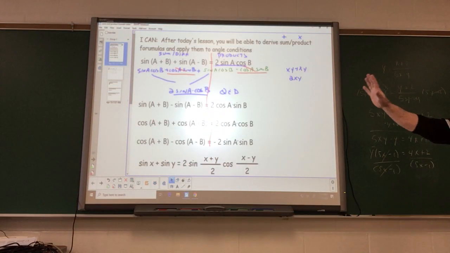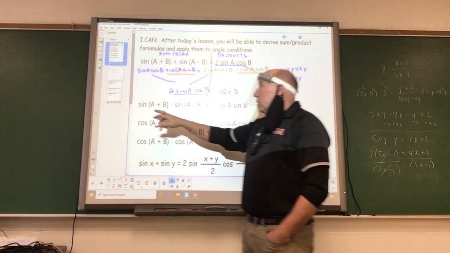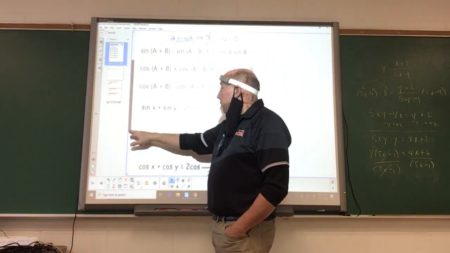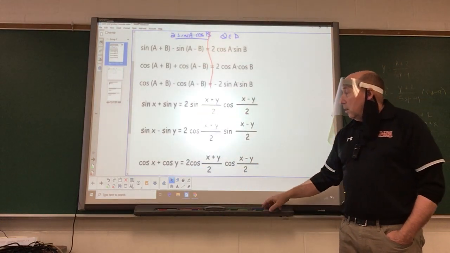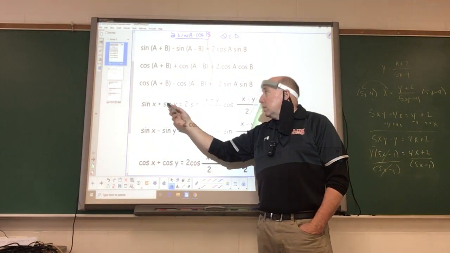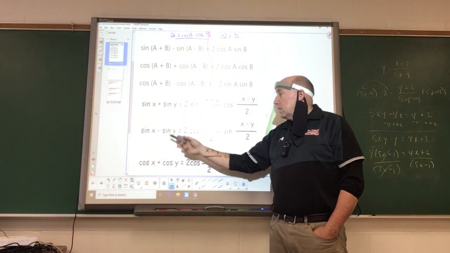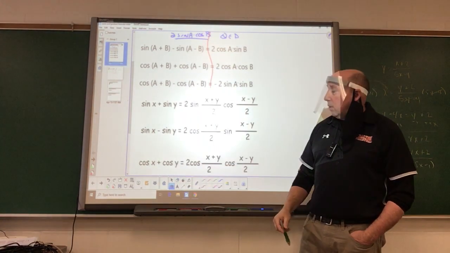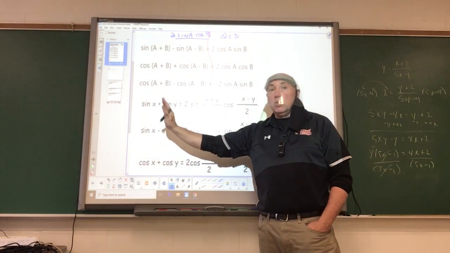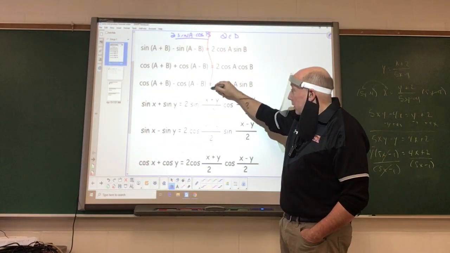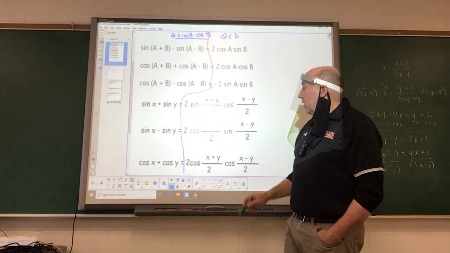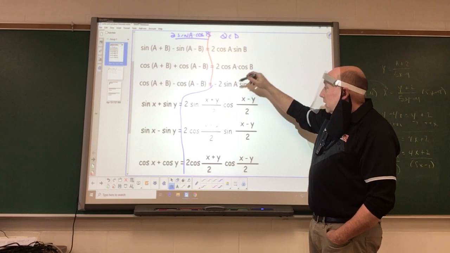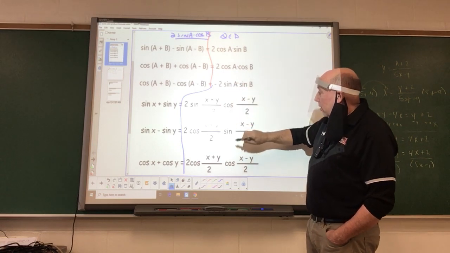So we have products on one side and sums and differences on the other. Once again, these are all things that you're going to add to your formula sheet. And if we continue on down towards the bottom, we have a sine of x plus a sine of y, sine of x minus sine of y, cosine x plus cosine y. So we still have sums and differences on the left-hand side, and on the right-hand side, we have products.